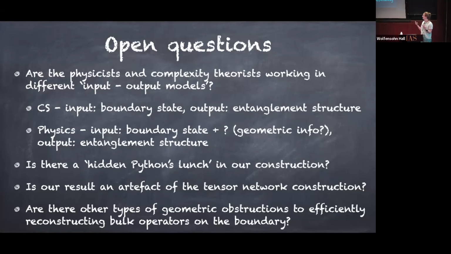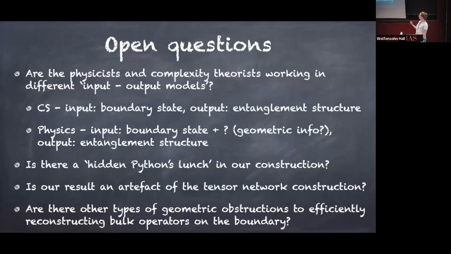Would physicists generally say that they expect to have some information about the bulk geometry? This also seems to match up nicely with the Python's lunch conjecture. The conjecture seems to imply that the reason it's easy is because you know the circuit you're applying, and in tensor networks, knowing the circuit is equivalent to knowing the geometry. This could be the reason for the mismatch.